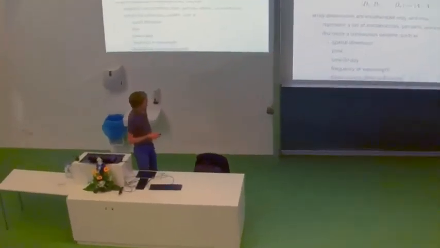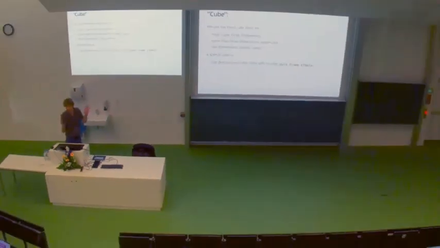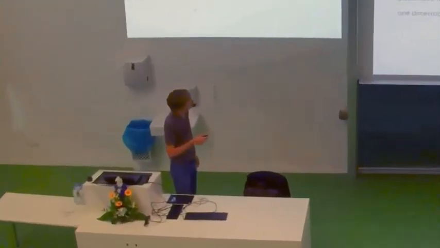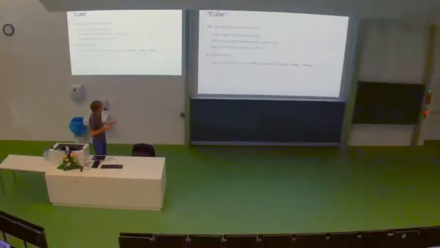So we use the word cube here as it's a cube, but it's not a cube, right? The cube is just the metaphor, really. So a real cube would have three dimensions. But if we say cube, we mean anything also more than three dimensions, but also things less than three dimensions, right?